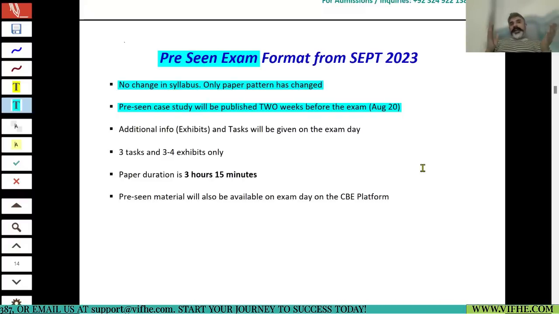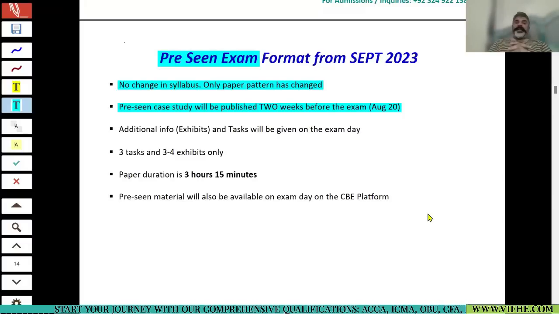So now in the exam, what will happen? In the exam, the examiner will give you 3 or 4 pieces of additional information. Additional information, right? That's called exhibits. So in the exam, you will be given some additional information through 3 or 4 exhibits. And then some questions will be asked based on that additional information, right?